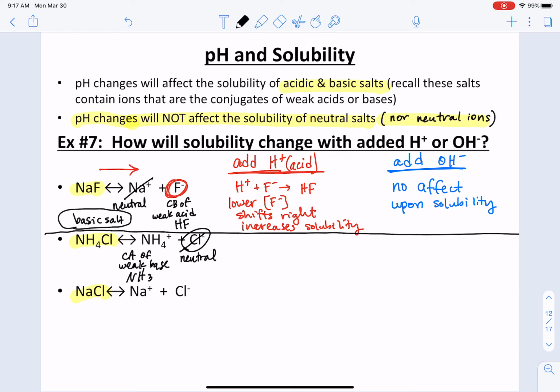So if it's a conjugate acid, this is an acidic salt. Now, just as a heads up, acidic and basic salt properties is a topic related to Unit 8. And so we would have covered Unit 8, which is acids and bases.